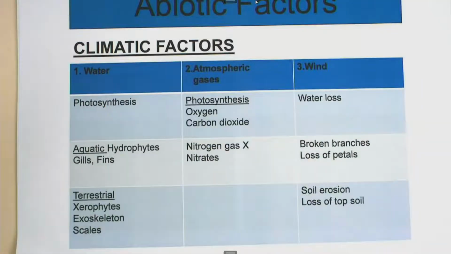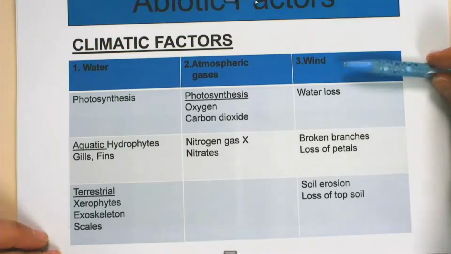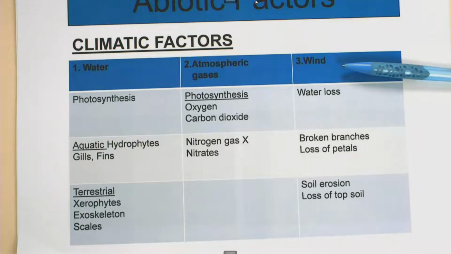Okay, then we're looking at climatic factors. Now, climate again: water, atmosphere, wind. Now, wind first of all, ladies and gents, where there are plants and the wind blows, you can see sometimes the wind is so strong it breaks the tree or uproots the tree because of the force of the wind. Flowers can lose their petals, the leaves can be ripped, so it damages plants, okay?